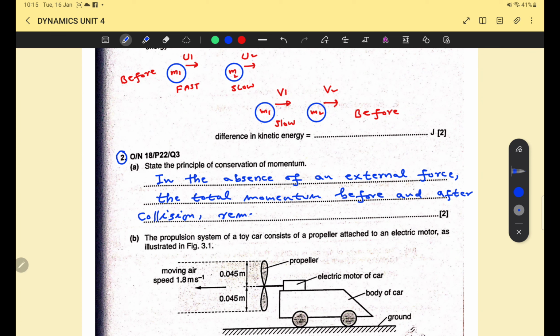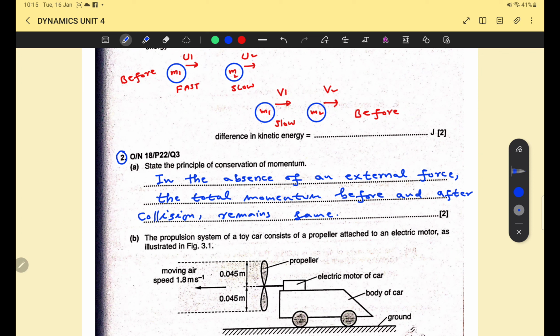And this statement is known as the law of conservation of momentum. In the absence of an external force, total momentum before collision equals total momentum after collision.